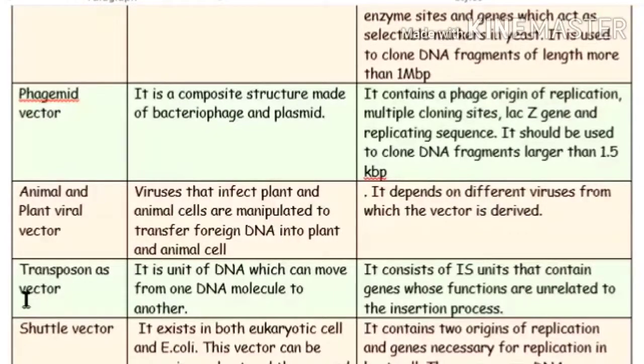Then we are using bacterial artificial chromosomes and yeast artificial chromosomes. We can use transposons, and we can use shuttle vectors also. So these are the list of vectors which can help us in cloning of genes. Now, what are the essential features which our vector should possess?